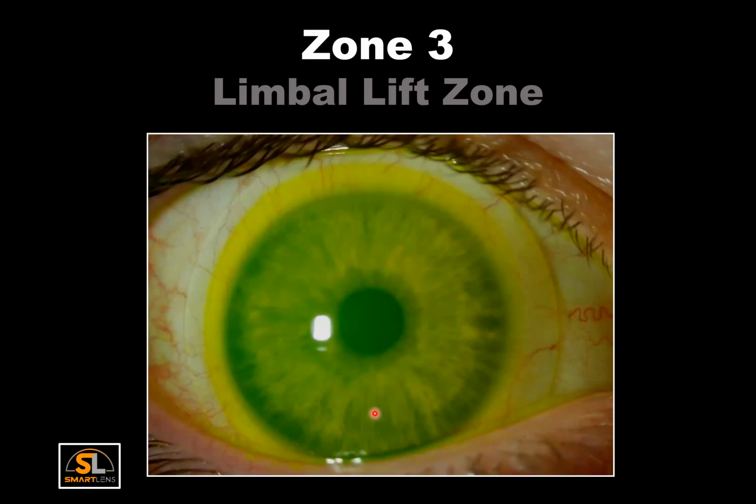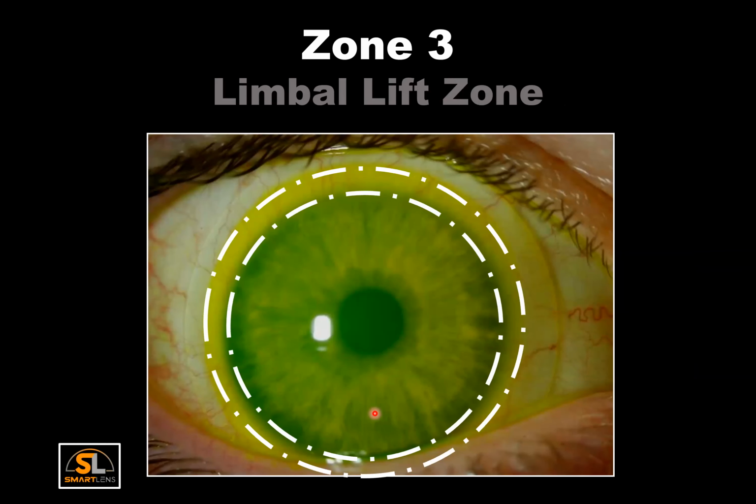Now the third zone in the lens is used to lift or drop the vault that occurs at the limbus. So what you do in this zone is you would use it to lift when that lens is hitting the peripheral cornea and limbal junction, or when it's too close to the initial conjunctiva that's very close to the limbus. So the zone 3 limbal lift zone is used very frequently when you have peripheral corneal or limbal bearing.